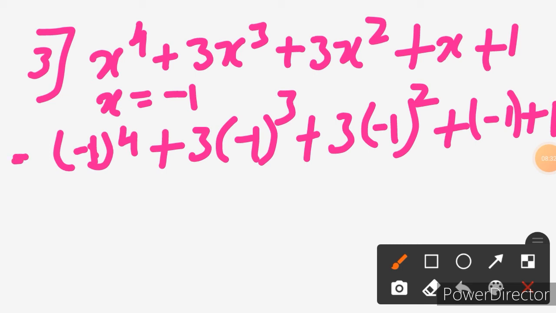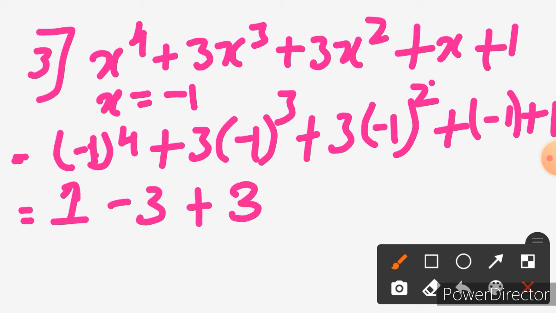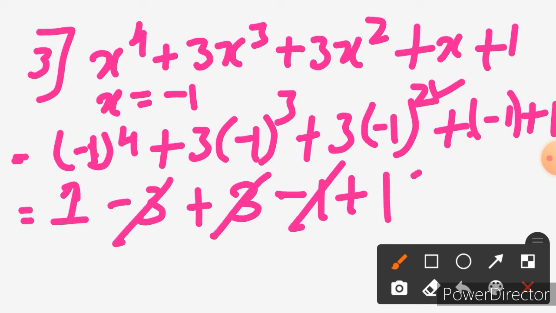Now minus 1 whole power 4 is plus 1 because we have an even power. Plus 3 into minus 1 whole cube is minus 3, and plus 3 into minus 1 whole square is plus 3 because we have an even power, and plus into minus will be minus 1 plus 1. Plus 3 minus 3 gets cancelled, plus 1 minus 1 gets cancelled, we will get 1.